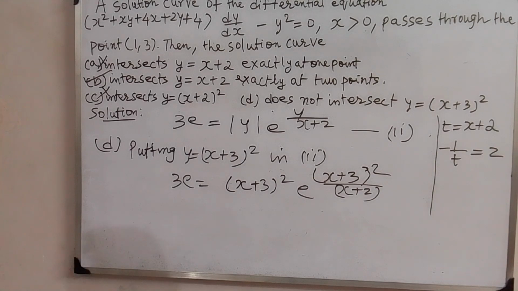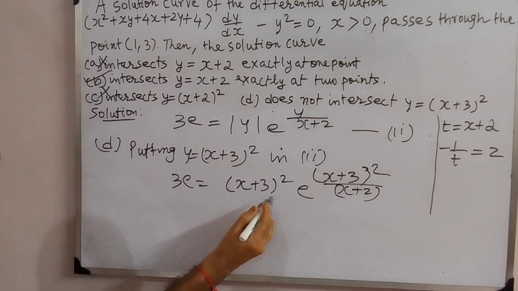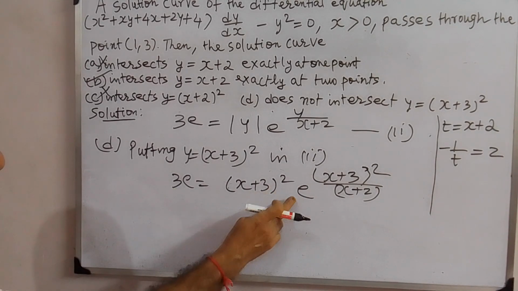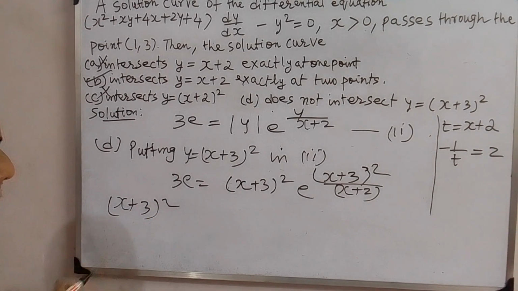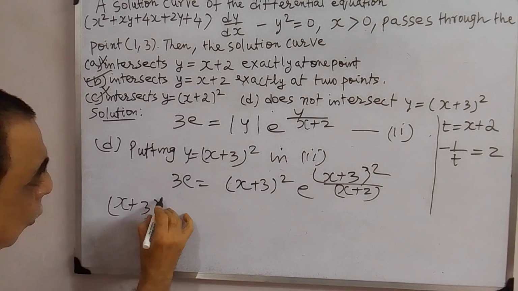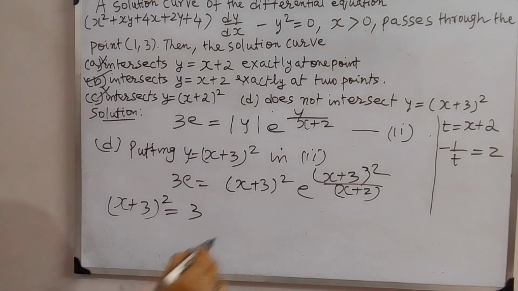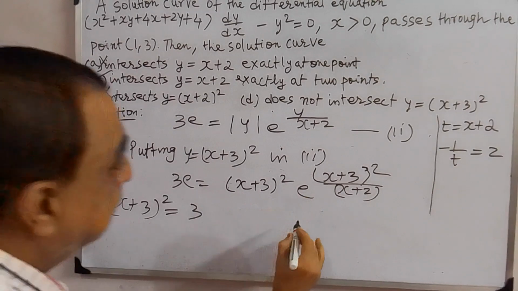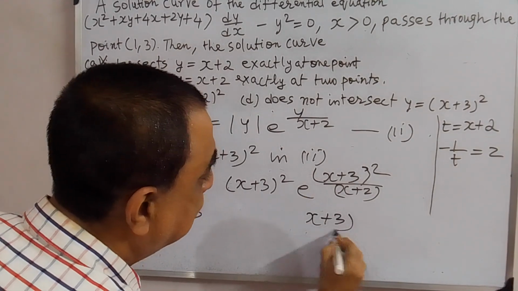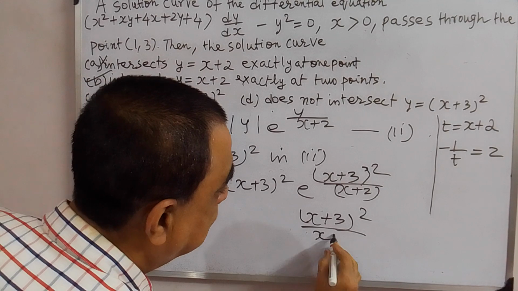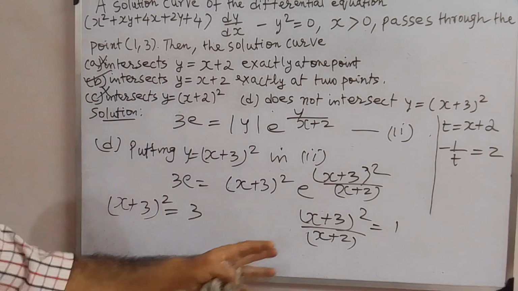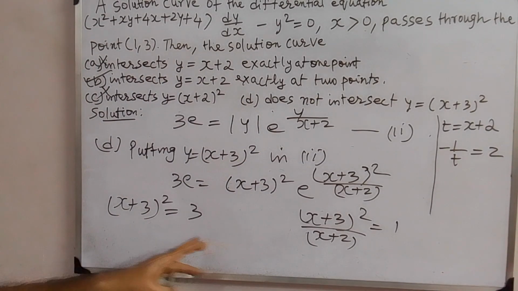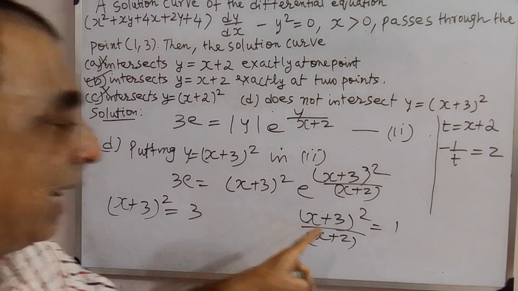Now we are not getting any value of x which satisfies this. The coefficient of e is what? Here x plus 3 whole squared should equal 3. And what is the power of e here? The power of e is x plus 3 whole squared, x plus 2. It should also equal the power on the other side. So you will not get any value of x which will satisfy this equation and this equation as well.